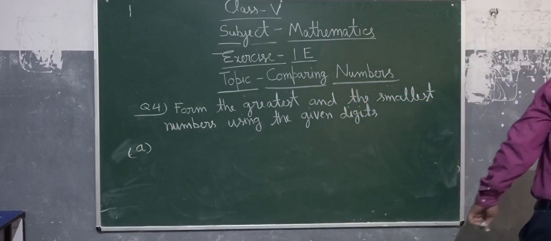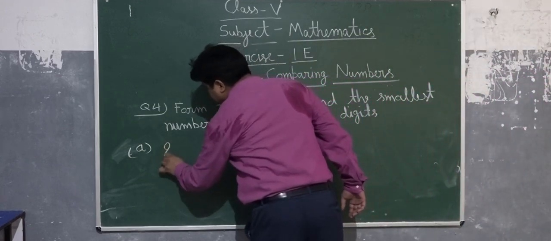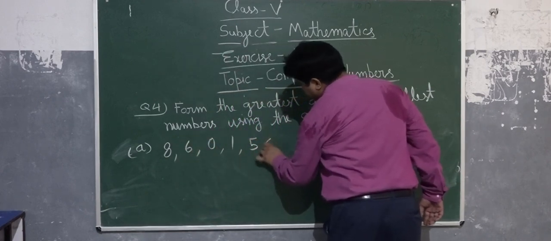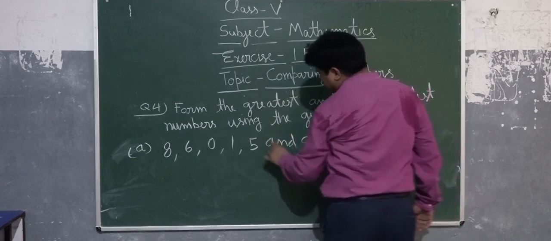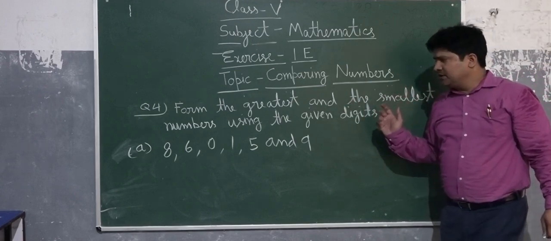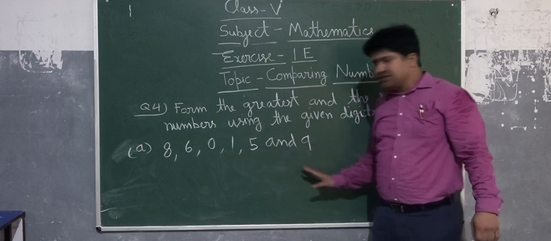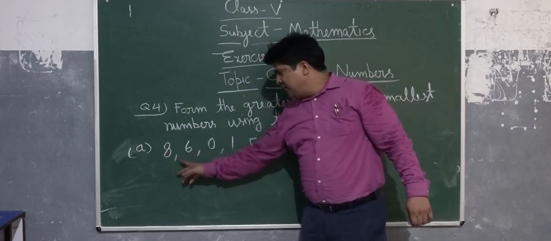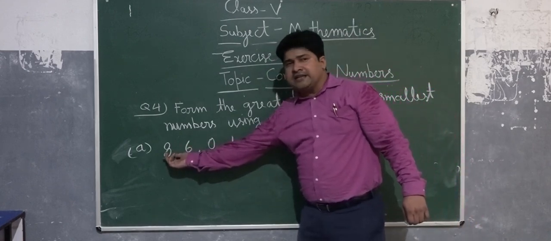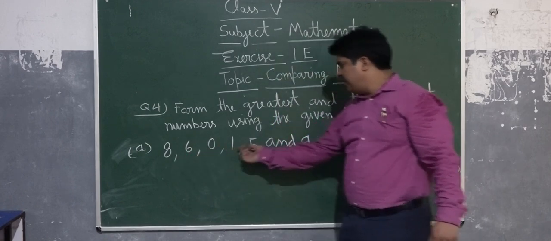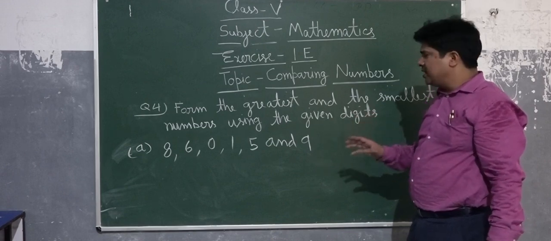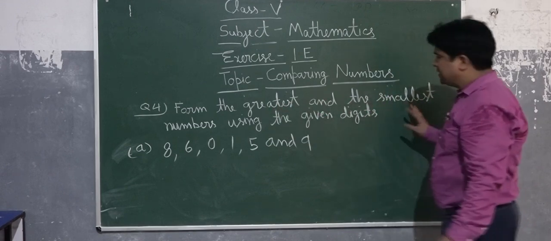Form the greatest and smallest number. We are looking, students, we have digits, because we have a comma after the odd digits. So it is read as digits. These are 8, 6, 0, 1, 5 and 9. With the help of these digits, we will form numbers, one greatest and the second one smallest.